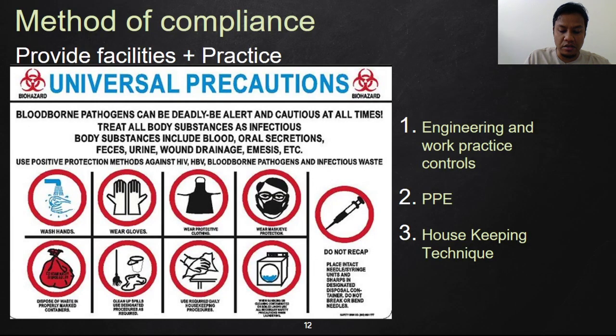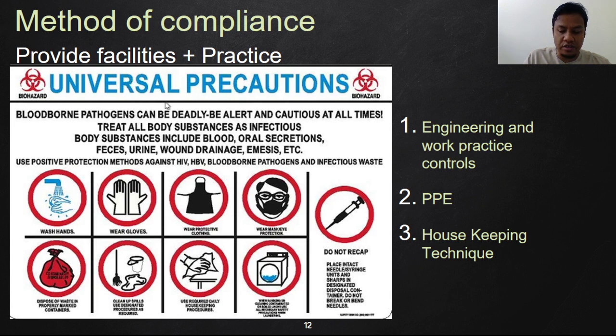The methods of compliance. Most of the methods for complying with safety are focused on lab uniqueness, which is that we deal with human blood, tissue and body fluids that are potentially biologically hazardous. Methods of compliance include providing facilities plus practice.